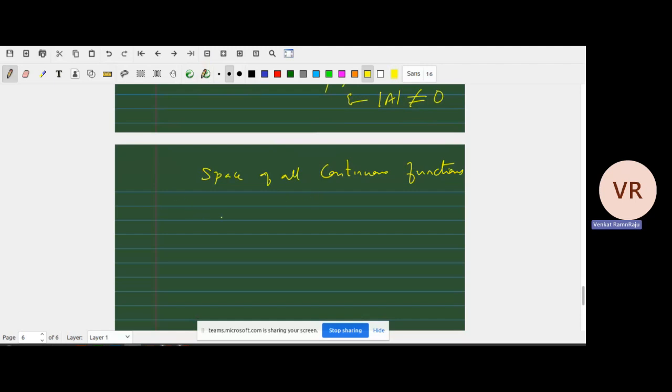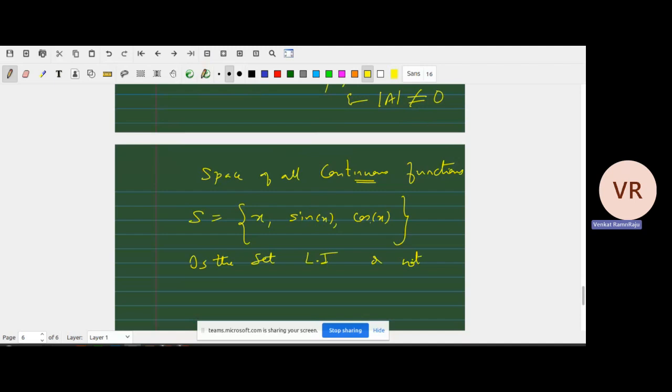So I would consider the set S as part of this space: x, sin x, cos x. So f(x) equal to x is one function, f(x) equal to sin x is one function, f(x) equal to cos x is one function. Is the set linearly independent or not?